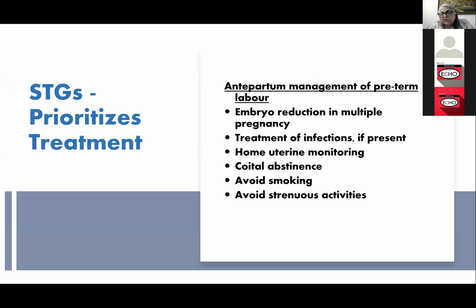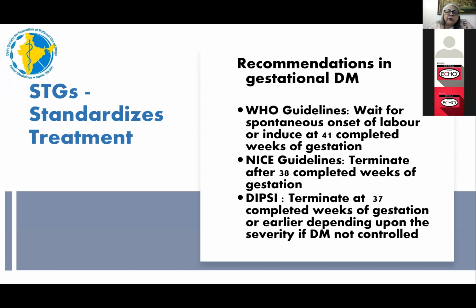So prioritization is important. Then many a time, for the diagnosis or what to do, there are different guidelines giving you different recommendations. So you don't know what is good for you in our healthcare system. For example, gestational diabetes. I was doing this for Odisha. We were making standard treatment guidelines for them. They were all confused. When should the pregnancy be terminated, whether it should be terminated at all or not.